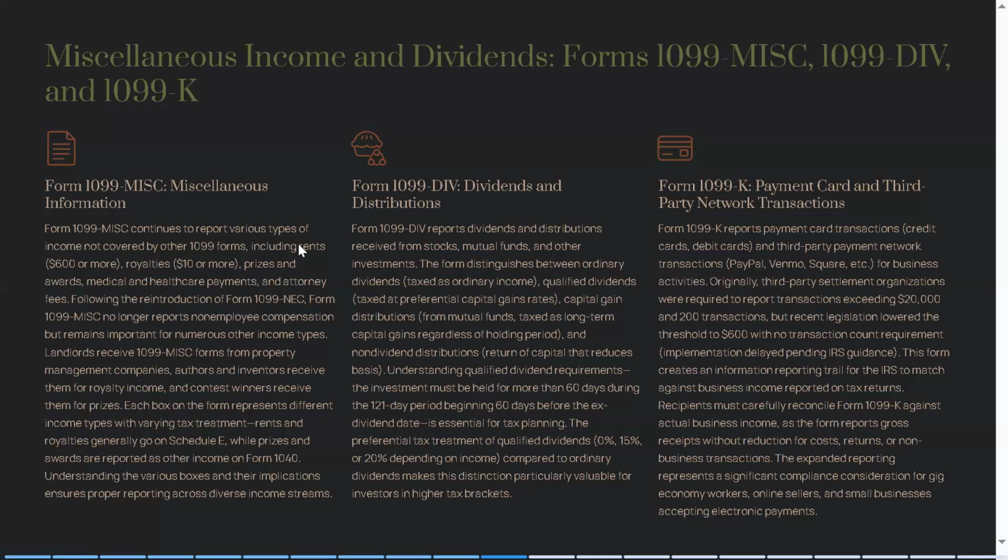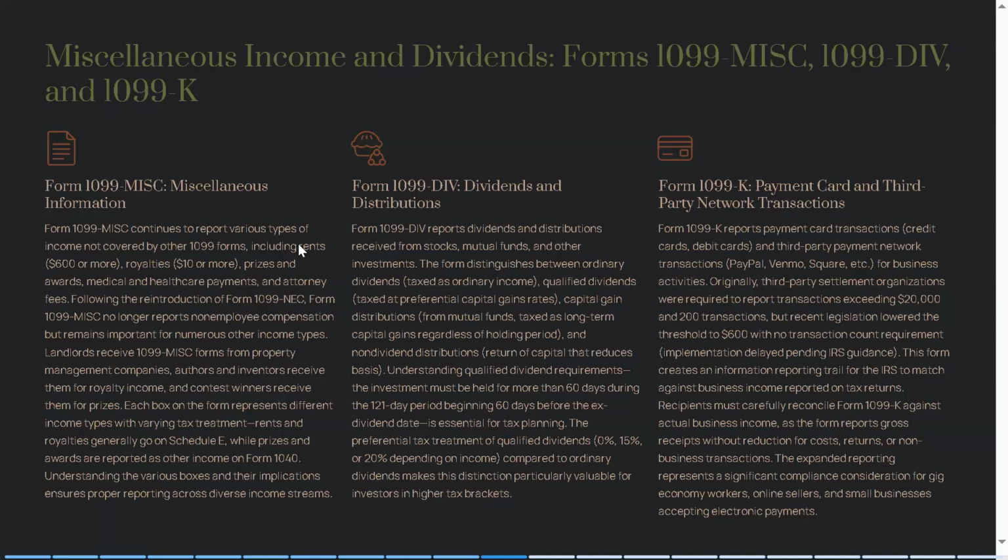Form 1099-K is payment through card and third-party network transactions. So individuals who have payment processors, like Shopify or Stripe, things of that nature, and you're taking payments, they're going to issue a Form 1099-K to you.